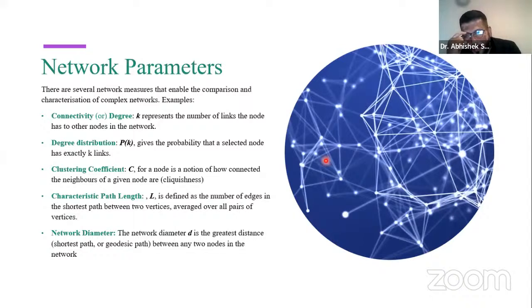We have seen here about networks. What are networks? Networks are basically a representation using nodes and edges. Now we have various parameters by which networks, or network topology, can be parameterized or weighed, right?